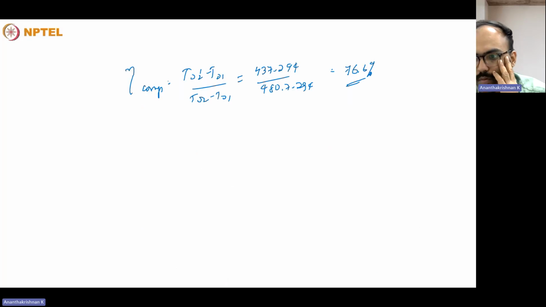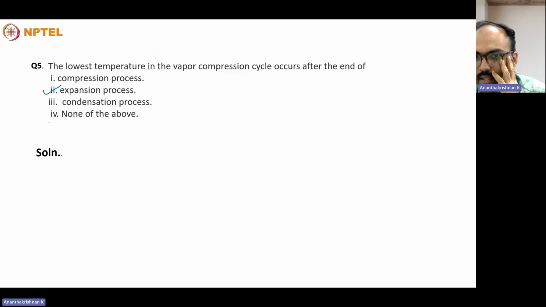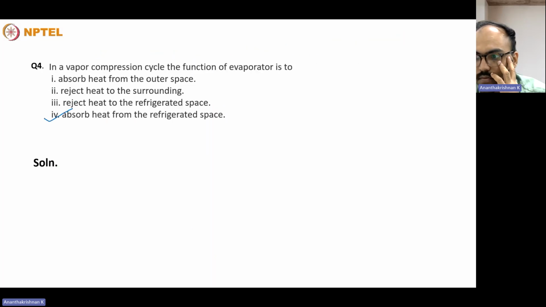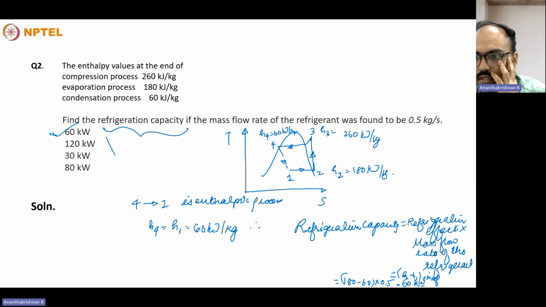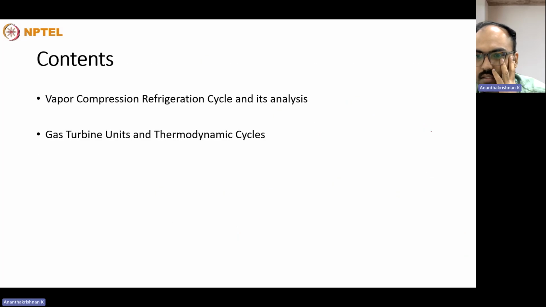That completes the set of problems that I have for this week, and that is the end of these tutorial sessions. Before winding up, we'll just go through what we have seen in the previous 12 weeks of lectures. We initially did a review of thermodynamics in the first week.